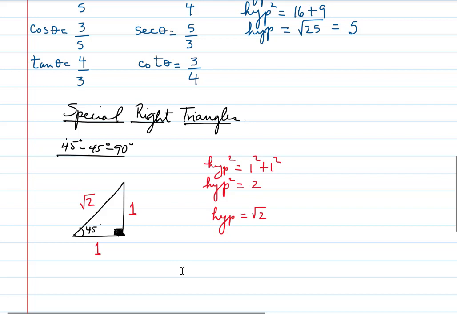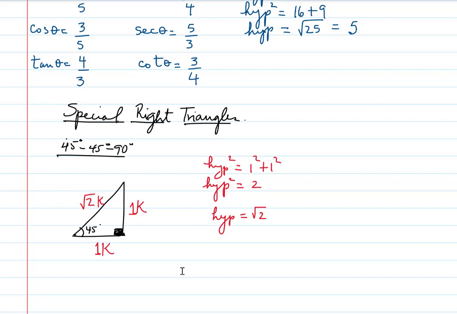So the proportion is going to remain. If we let this be 1k, 1k, and k square root of 2, no matter what k is, just some arbitrary number, that proportion would remain to guarantee that we still have a 45.